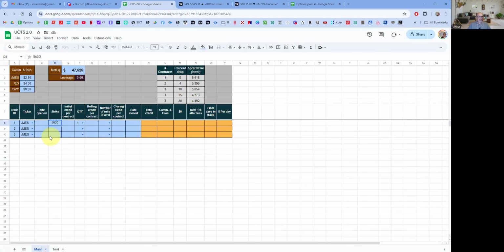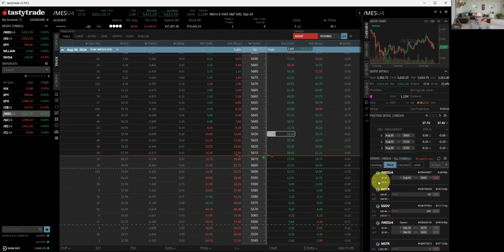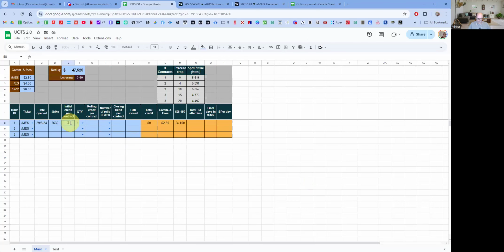5630. It's going to take me a day or two to get used to this new sheet. Initial credit. Let's see what we got. Where is it? 28.50.